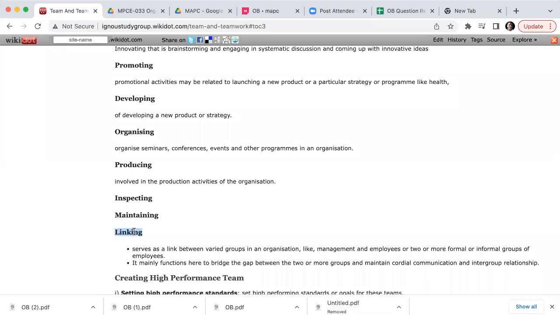But the people who are finding the defect don't have access to this Jira. So you might form a small group who could receive the call from the people who are finding the defect and put those defects into this Jira, right? So it is like a linking group. They are linking two groups and they themselves are a team. So that is what this linking is.